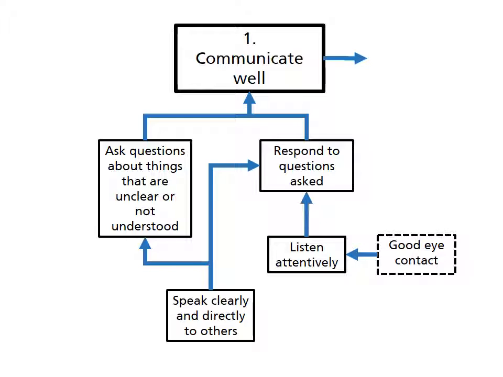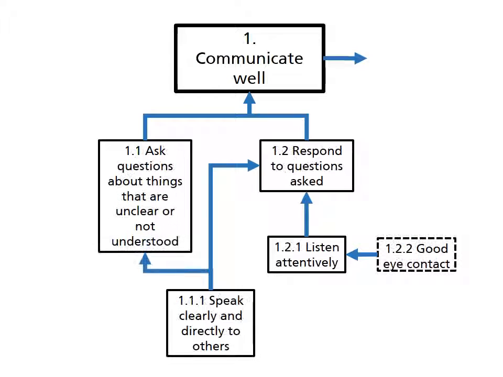So now I'm going to decide that I'm done analyzing my goal step number 1, communicate well, and I feel really good about the sub-skills and about the order in which I think that they should be learned. And so then I'm going to continue my numbering convention.